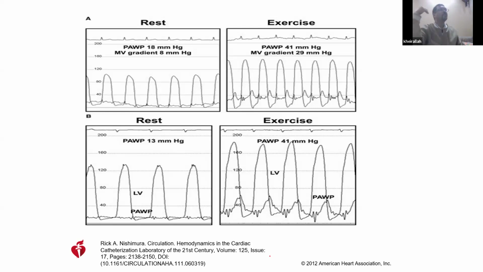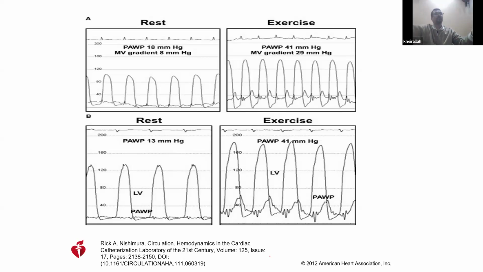So if the patient is symptomatic but the echo fails to elicit a high gradient to explain the symptoms of this patient, I'm going to exercise this patient. Looking for what? That exercise might induce a higher gradient. So now I'm going to get symptoms and echo matching.